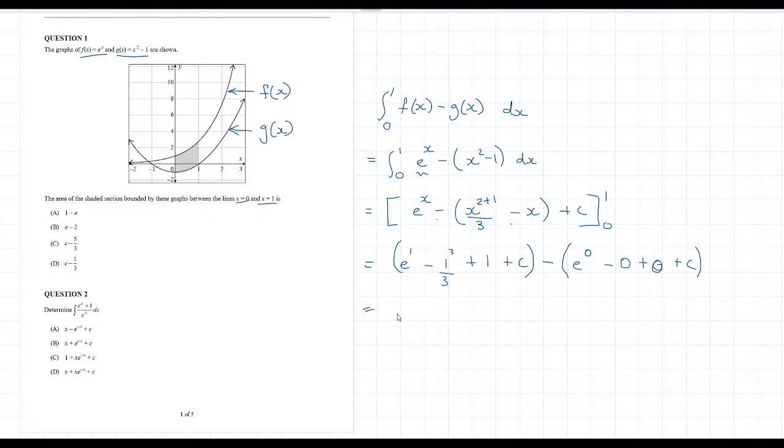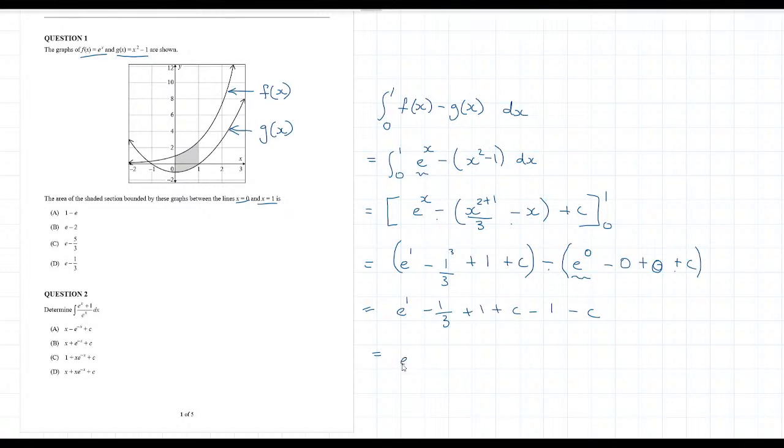Okay, so that's going to be e to the power of 1 minus 1/3 plus 1 plus c, minus anything to the power of 0 is just 1, minus times plus will make it minus, and plus will make it minus c. So let's simplify that.